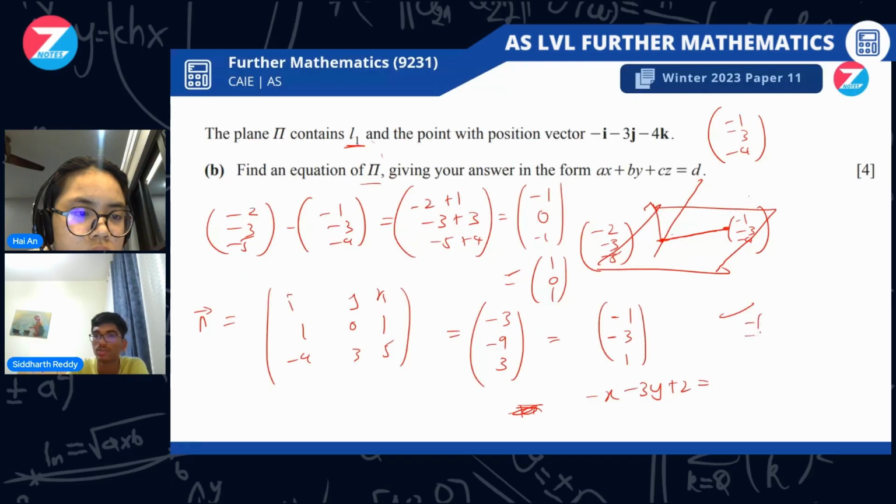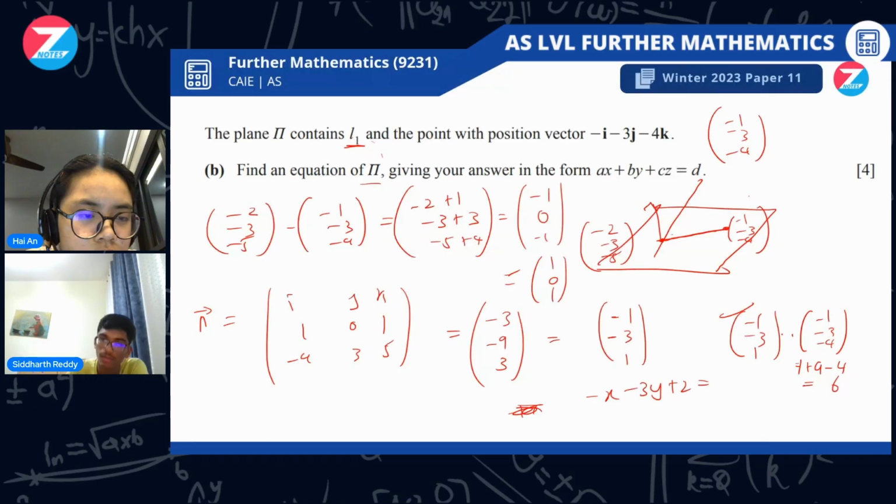So minus 1, minus 3, 1 dot product minus 1, minus 3, minus 4. So that's going to be 1 plus 9 minus 4, so it's 6. Or we can say x plus 3y minus z is equal to minus 6.